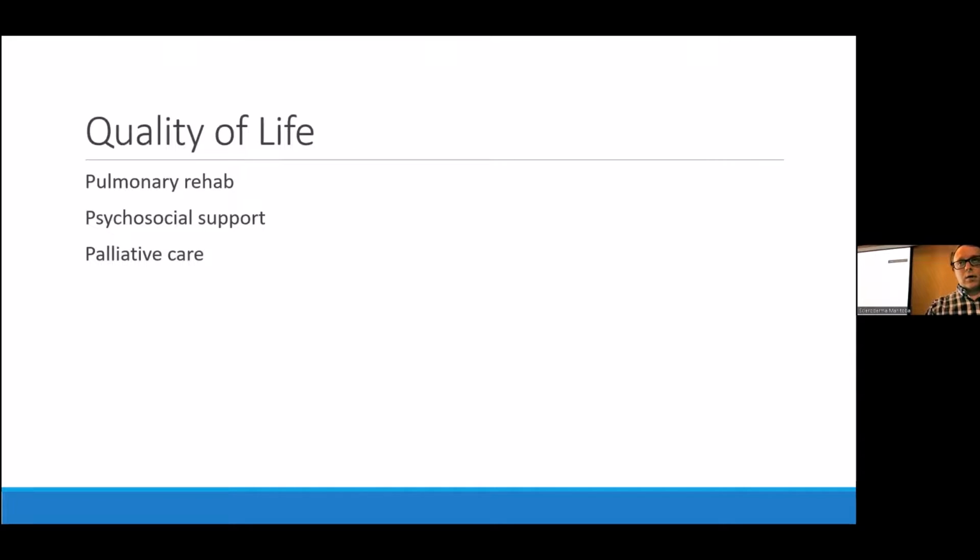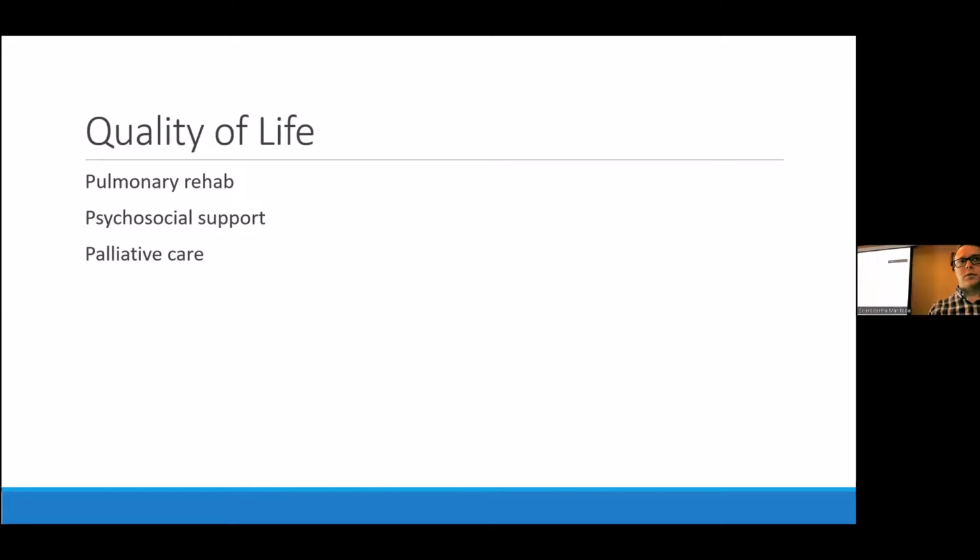At the end of the day, quality of life is one of the things that we try to emphasize as disease progresses, and the impacts that we have on that are pulmonary rehab and of course psychosocial support groups like this, coming together and trying to support each other through the manifestations of our disease. And palliative care is a really great resource for patients who particularly don't have other options in terms of addressing symptoms in ways that we can't in our clinic.